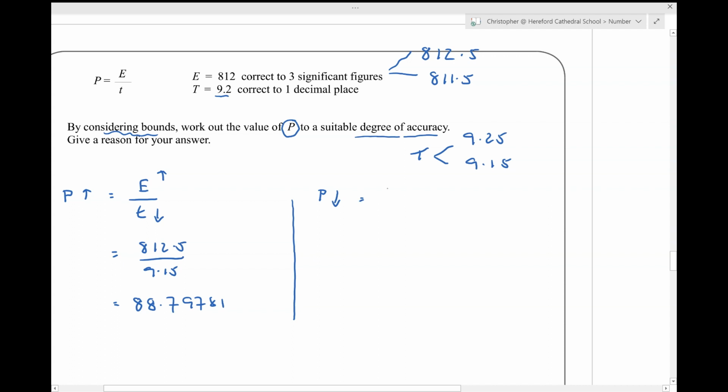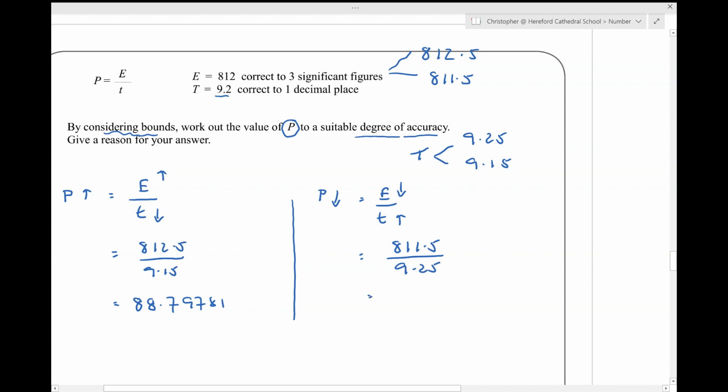Now, on the right-hand side, let's work out the lowest possible P. The lowest possible P is going to have the lowest possible E divided by the highest possible T. The lowest possible E is 811.5, and the highest possible T, 9.25.